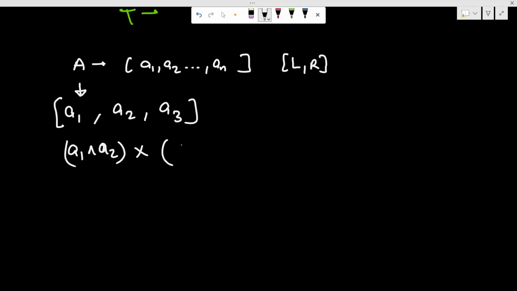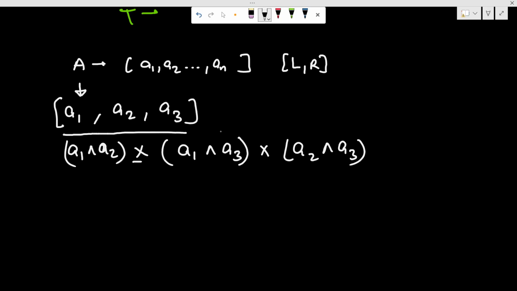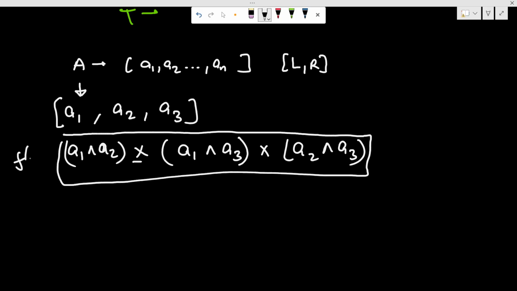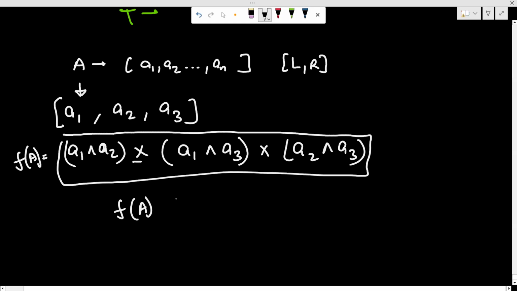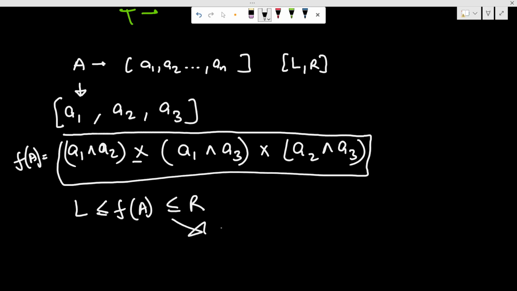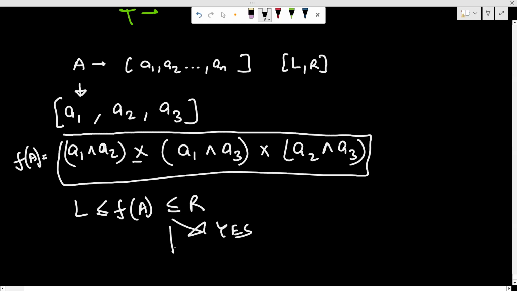The other possible pair is A1 and A3, and I calculate the XOR between them. And the third possible pair is A2 and A3, so I calculate the XOR between them. So they are calculating the product of the XOR values of all possible pairs, and they are calling it a function of A. Now what they are saying is if this value is less than or equal to R and greater than or equal to L, then give me yes, else give me no.